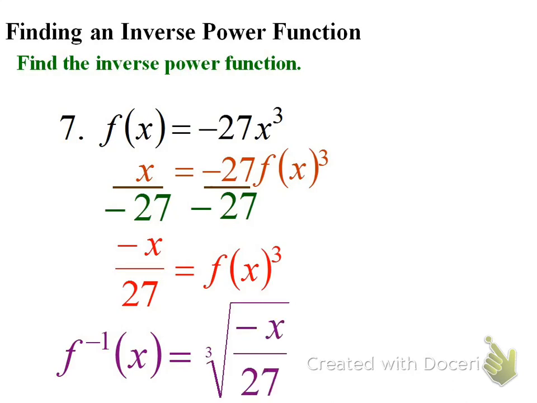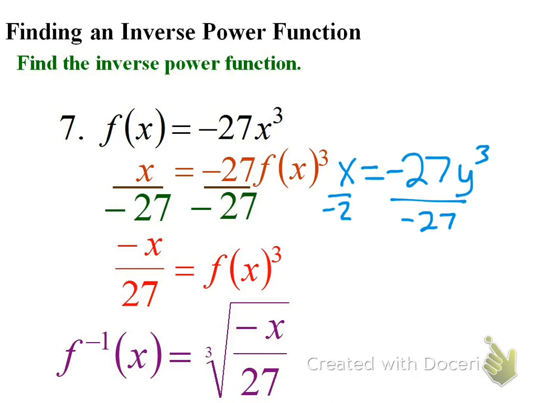You can leave that the way it is. Now, a lot of you, like I said, are kind of freaking out about the function notation. So let me just show it to you if you would do y's. You would still divide by that negative 27. And then you would take the cubed root of both sides.